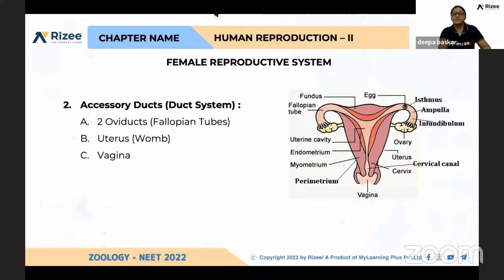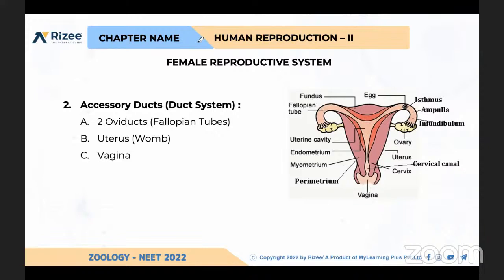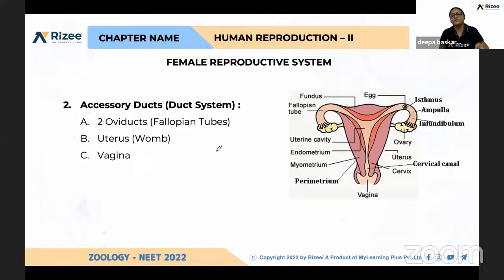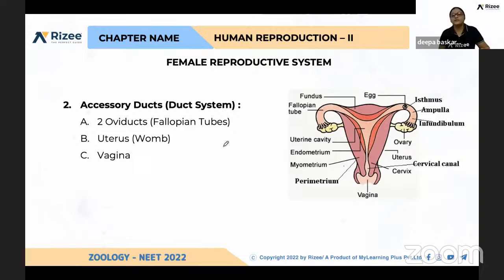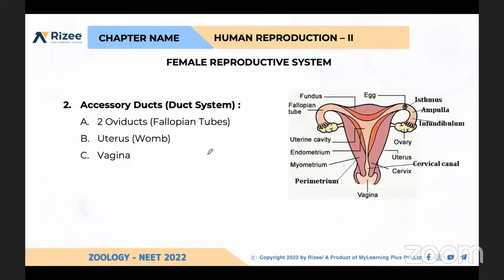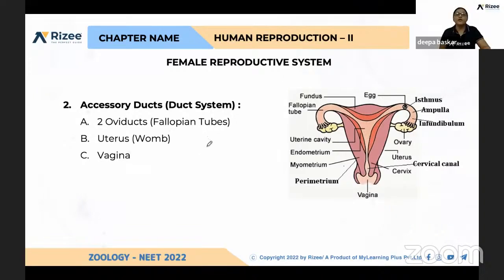Rete testis, vasa efferentia, epididymis, vas deferens, ejaculatory duct, and later part, urethra. Very good, Nandini. Here, what are the accessory ducts present in the female reproductive system? Two oviducts, which are otherwise called fallopian tubes, and uterus, vagina.